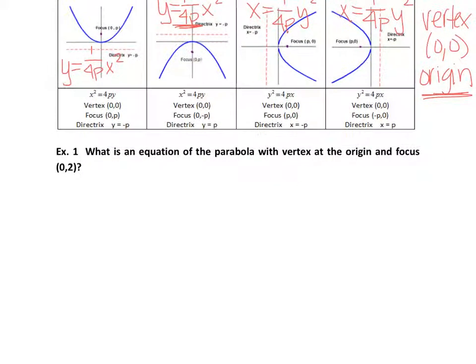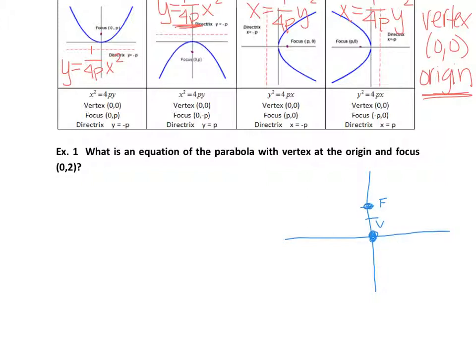Okay, so on to our first example. It says, what is an equation of the parabola with vertex at the origin and focus at 0, 2? I'm going to draw a graph of it just so that you can see. So here's my vertex, and at 0, 2 is my focus.